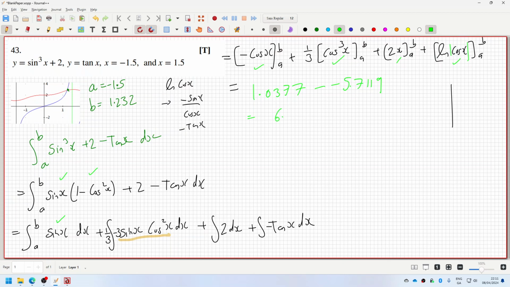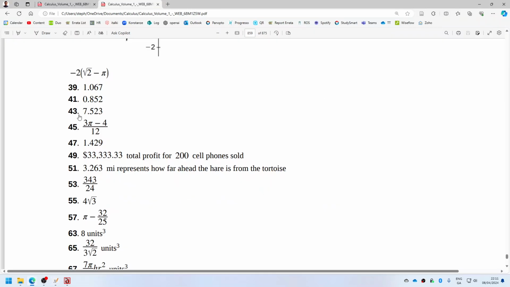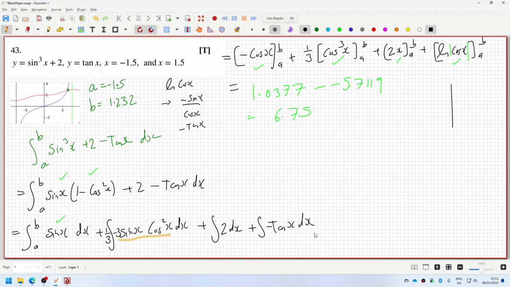That's 6.75. The answer is 7.523. And let's see if I typed it incorrectly. Minus cos, yep, plus 1 over 3.